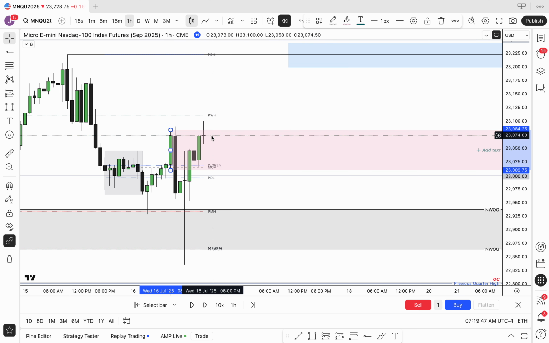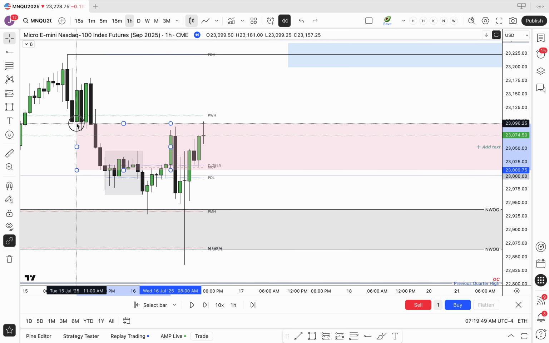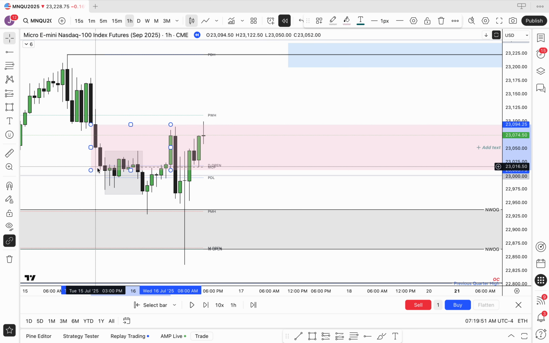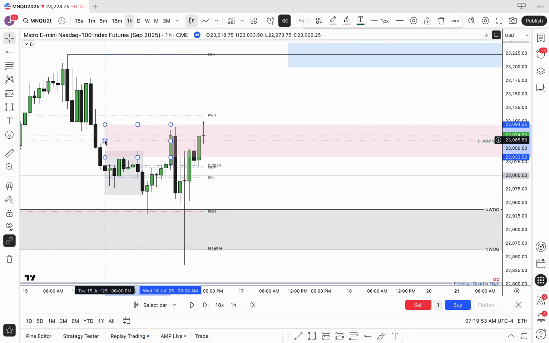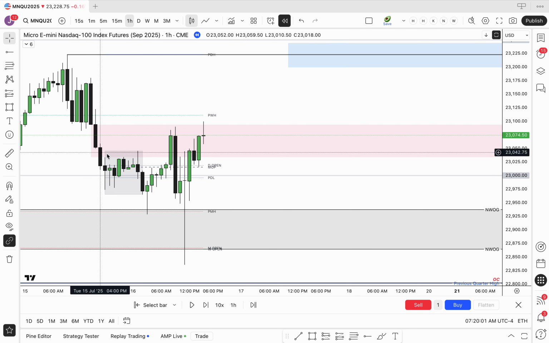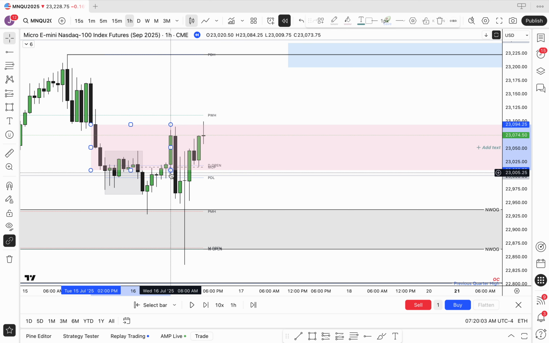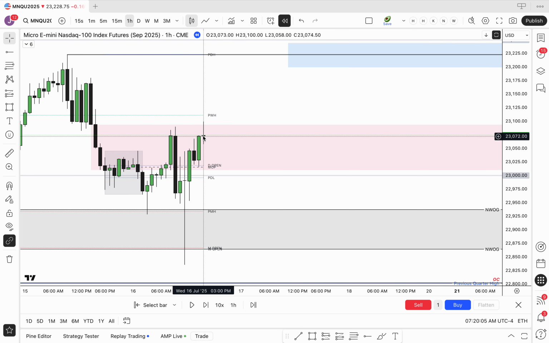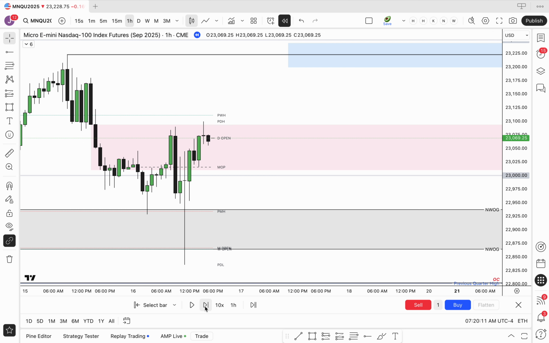So we get above that, that would be a breaker. You have these fair value gaps here. A breaker inside of a fair value gap, so you would use this whole entire range. Once we close above, we're bullish.